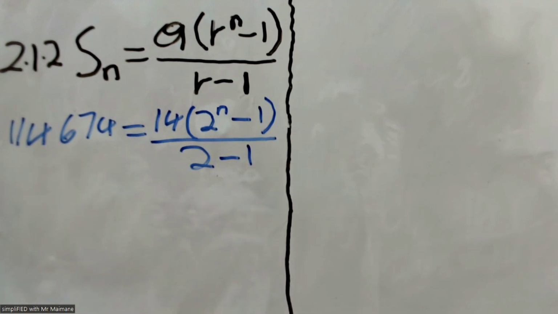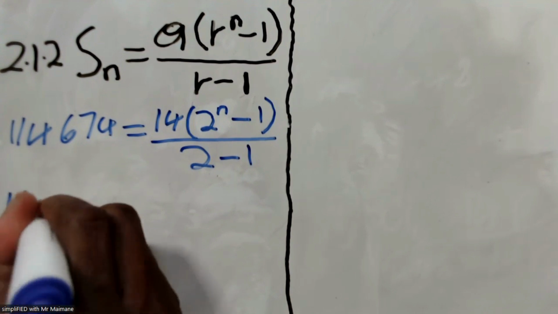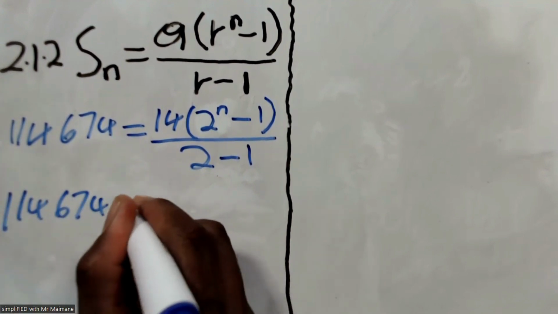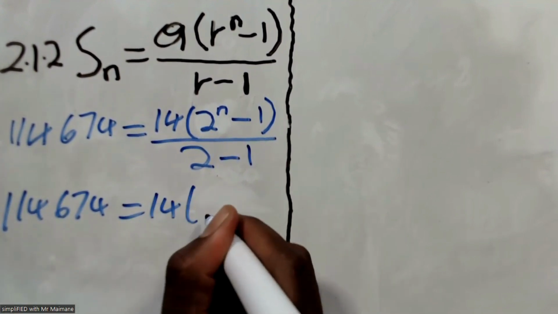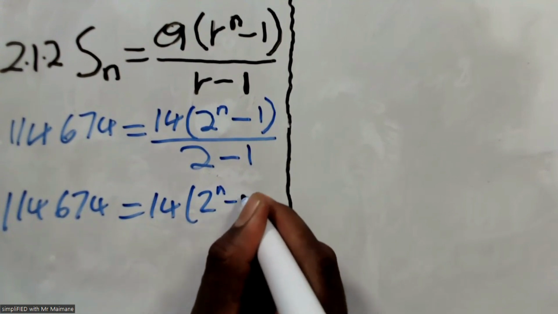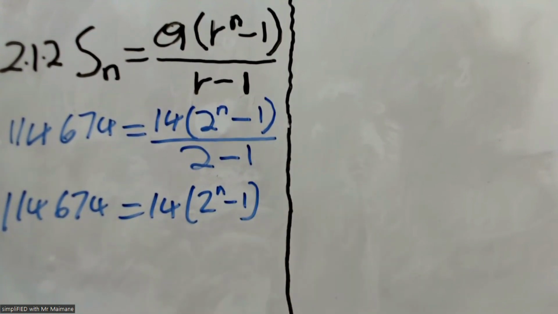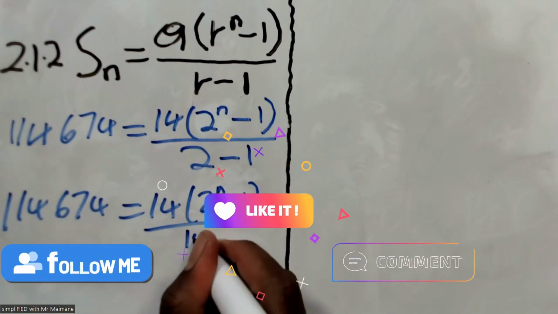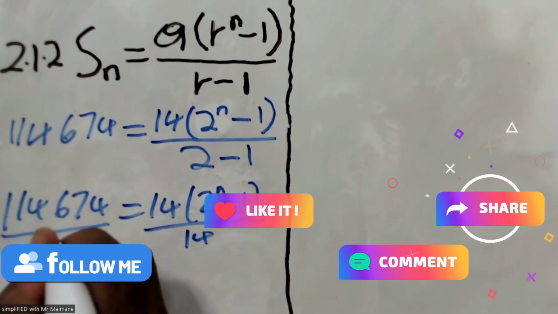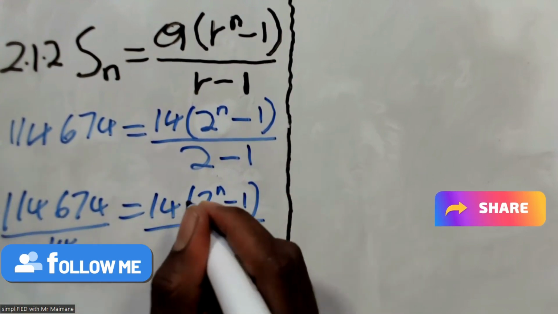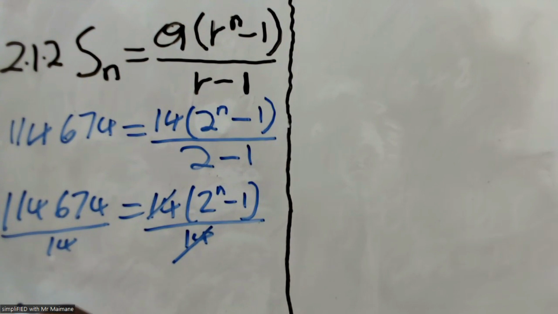So here we'll have this. And here you can see I can simplify further by dividing by 14 on both sides. This will cancel that, and then 2^n minus 1 will equal .